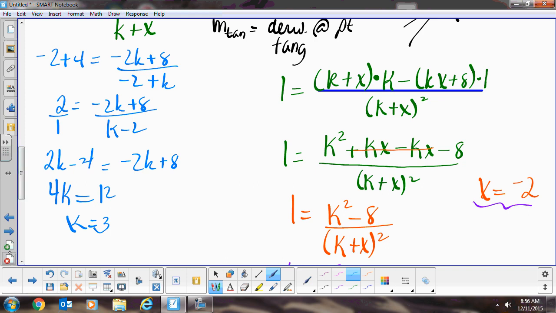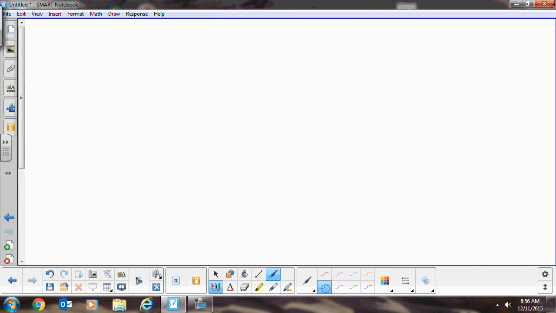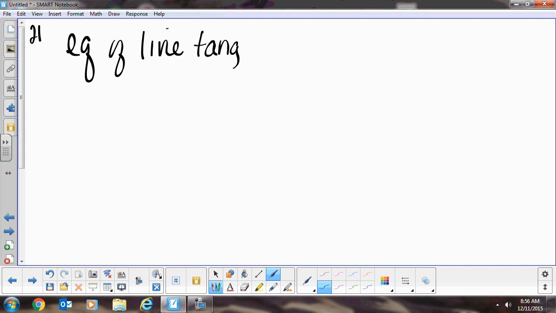So I think we want, again, they love equations of tangent lines. Did you notice this? Equation of line tangent. What do you need? We need two things to write the equation of a line. Slope of the tangent line, which is the derivative, and a point.